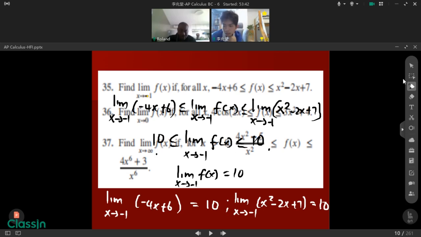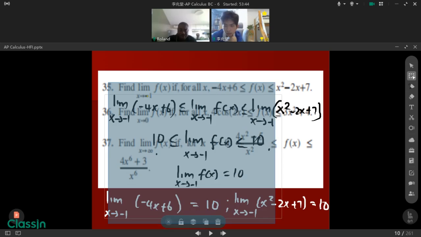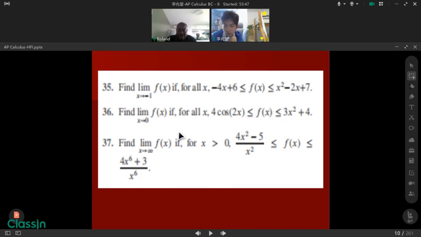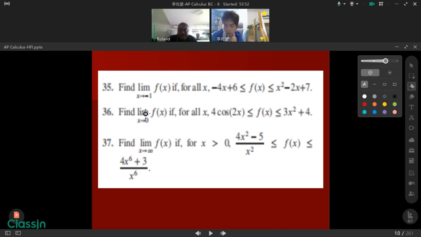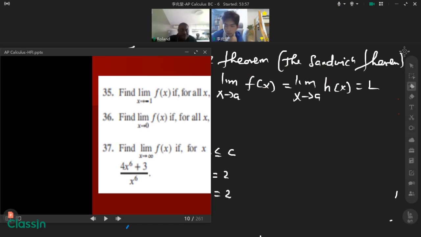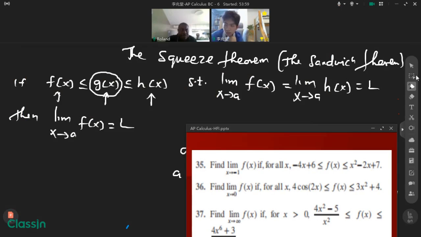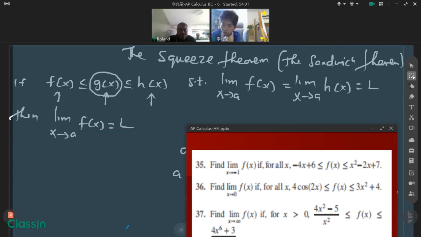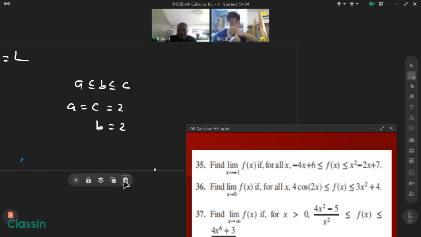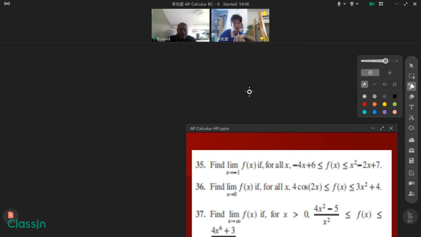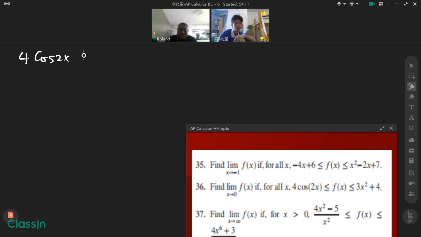Make sense? Let's see one more example. Number 36, it says, find the limit as x approaches 0 of f of x for all this expression. Now, if we take a look at this, this is 4 cosine 2x, which is at most f of x, which is at most 3x squared plus 4.